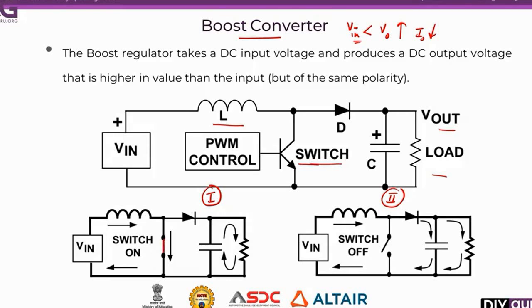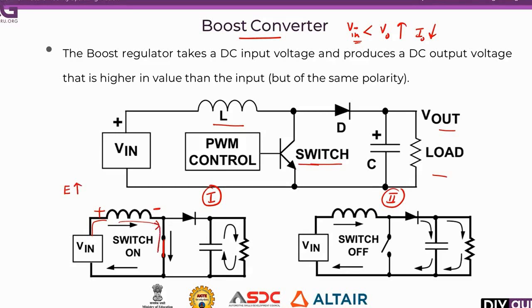If the switch is turned on here, current from the source will travel to the inductor. Here you will be having plus and here you will be having minus. There will be a large current flowing through the inductor. During this time, the inductor will get charged; the energy in the inductor will increase.